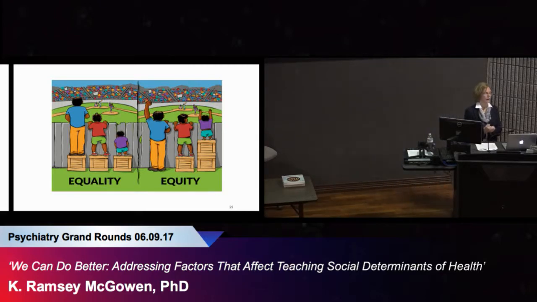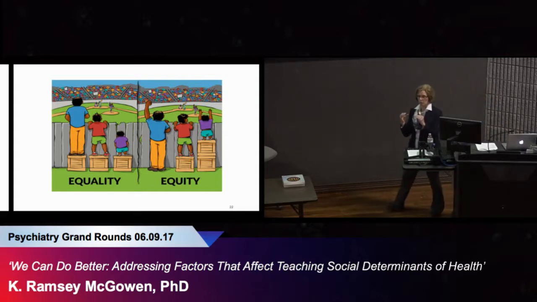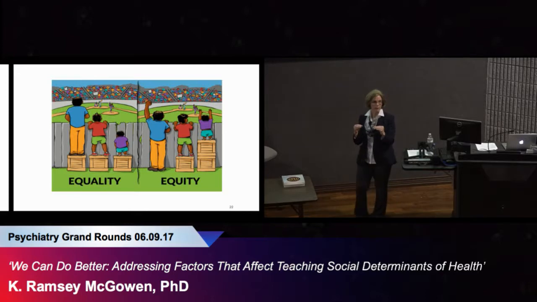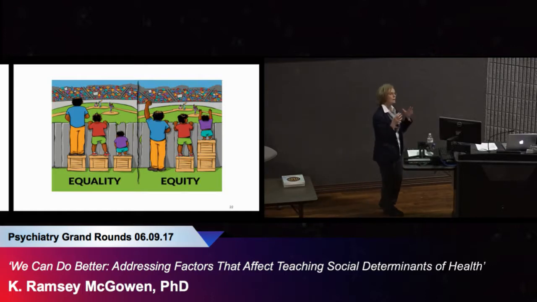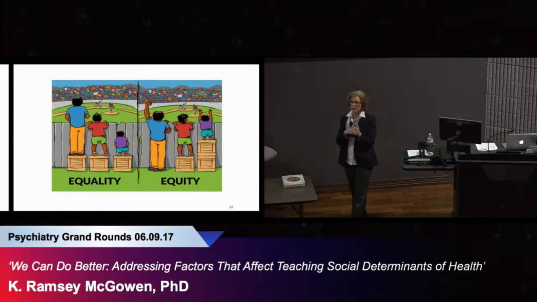However, if you look at the graphic, it's the people that are differing. It's not the context, it's the people. So the implicit message here is that the deficiency is within the person.